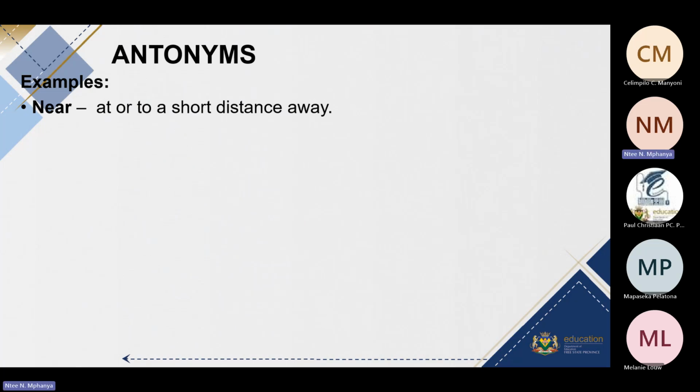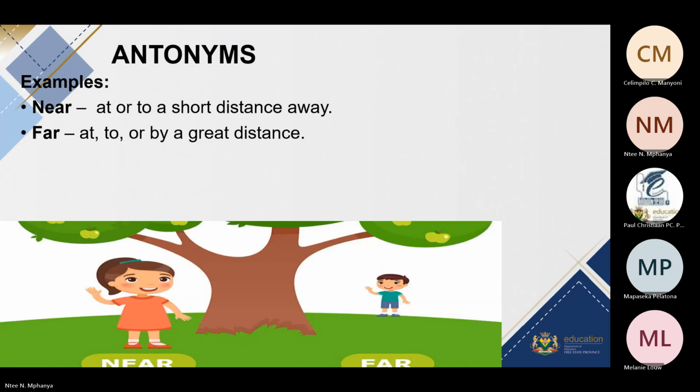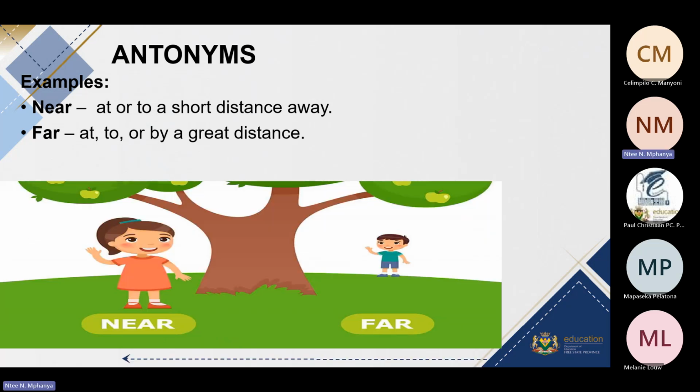Then we have near, which is at or to a short distance away, and far, which is at or by a great distance. Look at these two little children. A boy in relation to what? To the tree. Whenever you look at this picture, remember, it is a relative distance. It's relative to the what? To the tree.